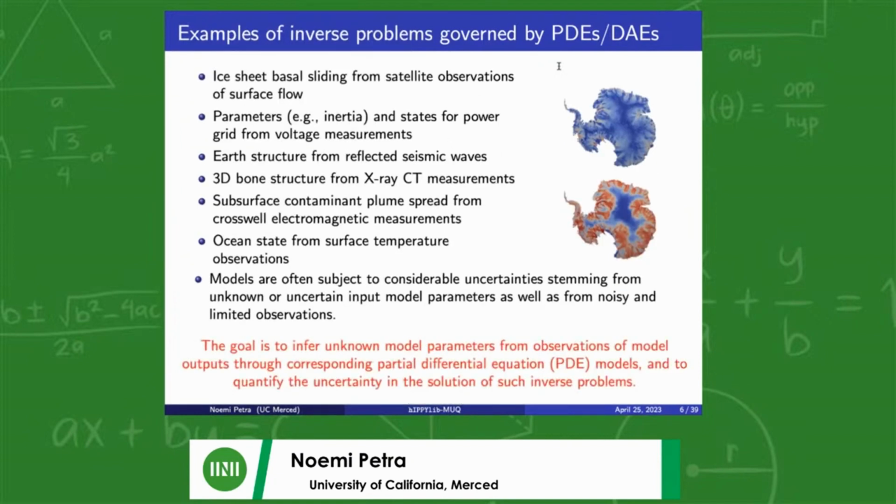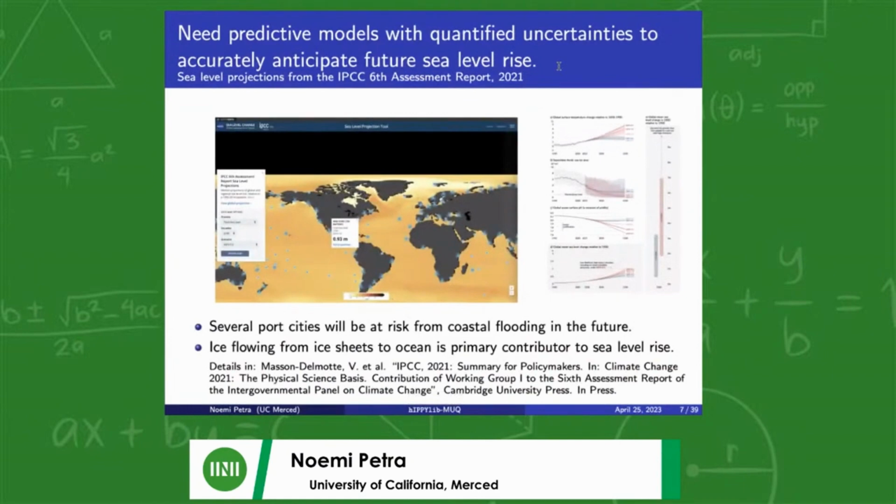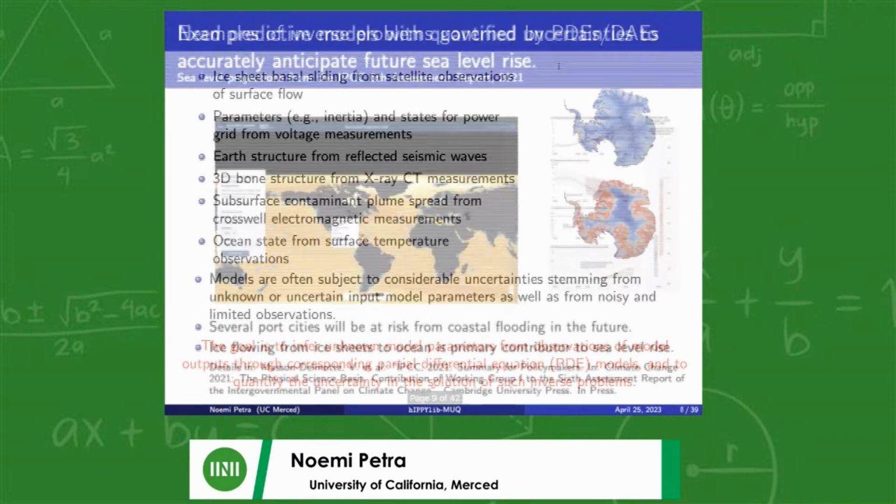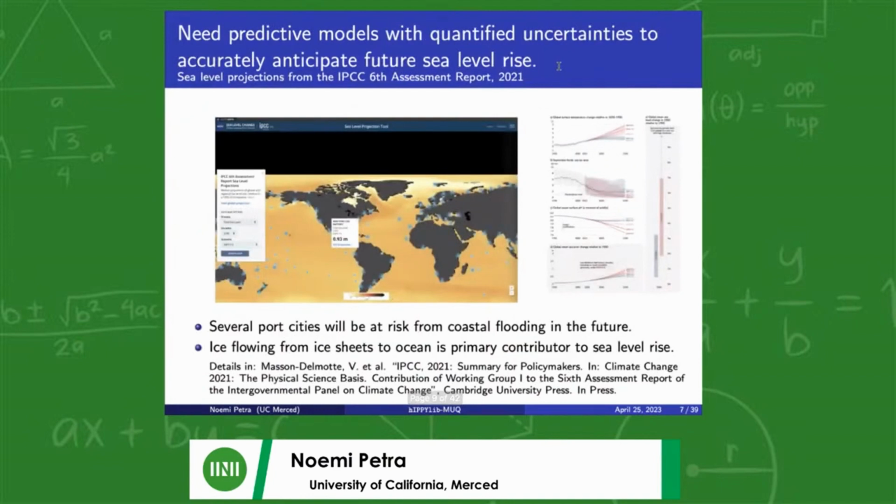So the big goal here is to infer these unknown model parameters from observations of model output through the underlying PDE-based models, and to quantify the uncertainties in the solution of such inverse problems. And I will zoom in to the first inverse problem example, the ice-sheet basal sliding inversion from satellite observations. Why is this important or interesting or challenging?